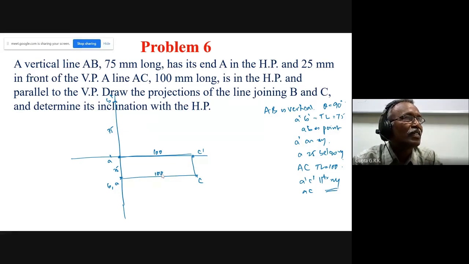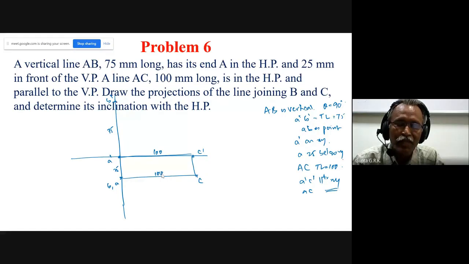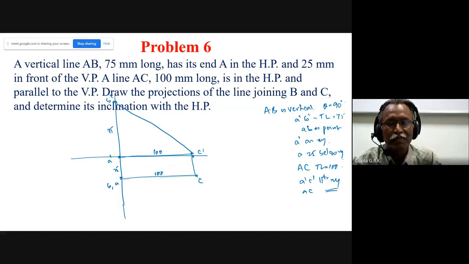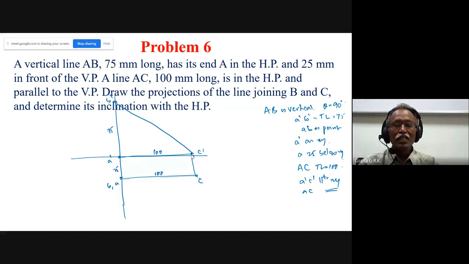And what else is asked? Draw the projections of the line joining B and C. So what should I do? I have to join BC and B dash C dash. BC is already drawn here, and B dash C dash comes like this. And then determine its inclination with the HP.